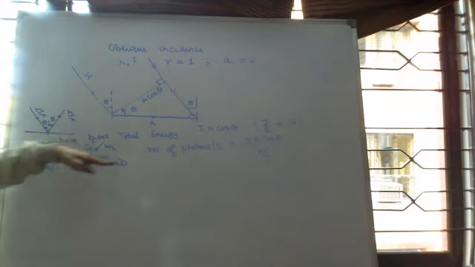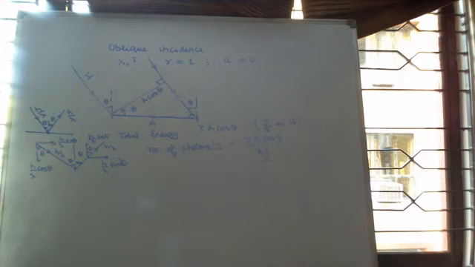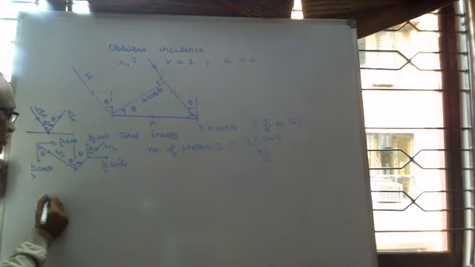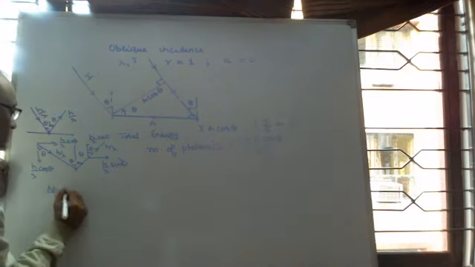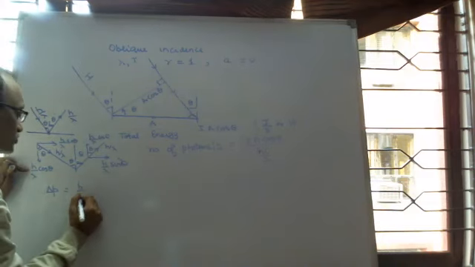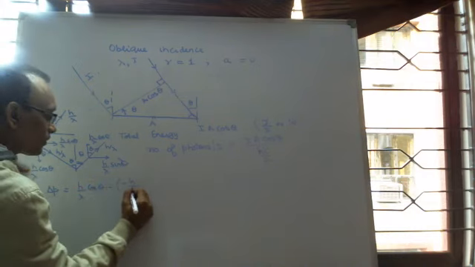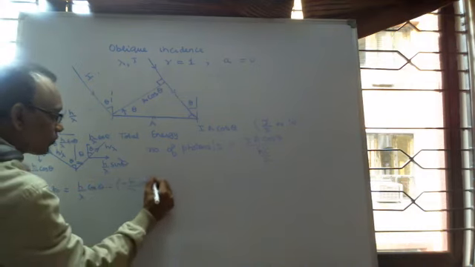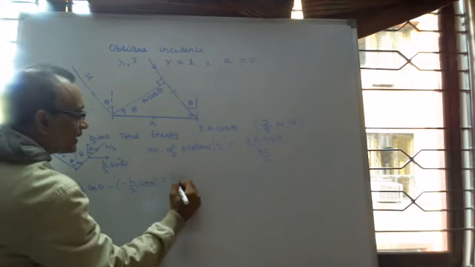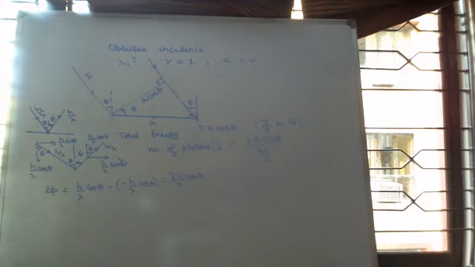So look, in the horizontal direction there is no change in linear momentum. So the total change in linear momentum, as you can see, is h by lambda cos theta minus minus h by lambda cos theta, which is 2h by lambda cos theta, the total change in linear momentum of every photon.